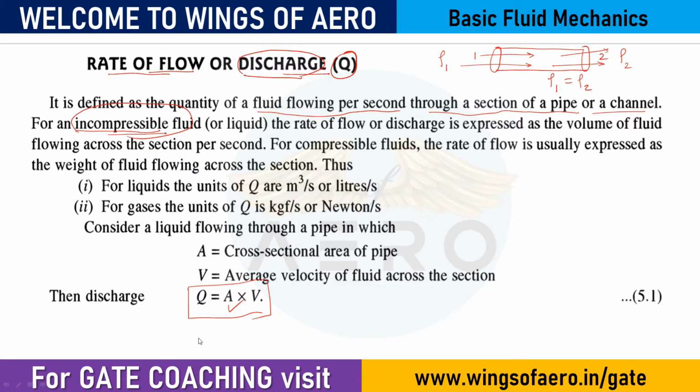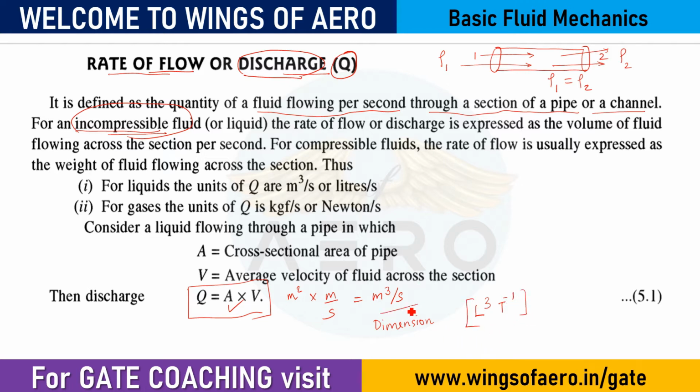Now can you see my PPT? So it is meter square. Now what is the unit for velocity? Meter per second. Then what will be the discharge unit? Meter cube per second. Now if you have to use dimension for discharge, what will it be? L cube T minus 1. This is going to be the dimension.